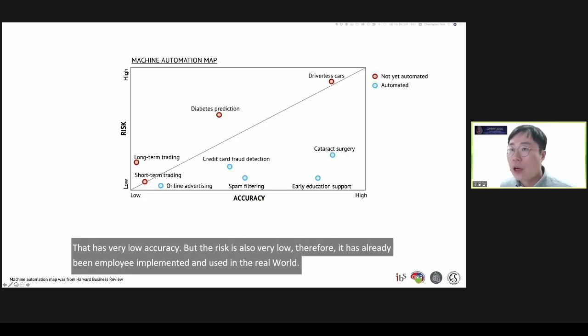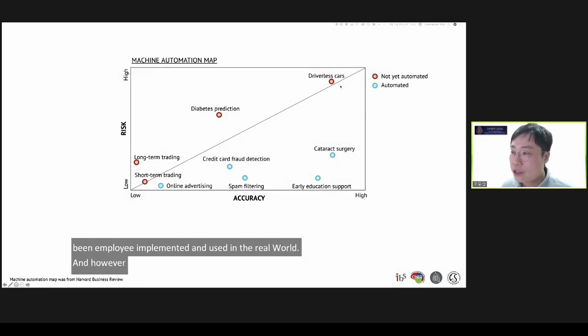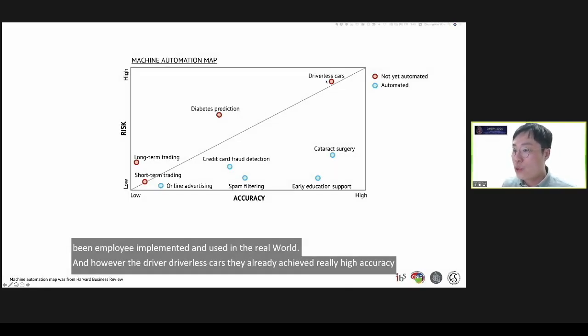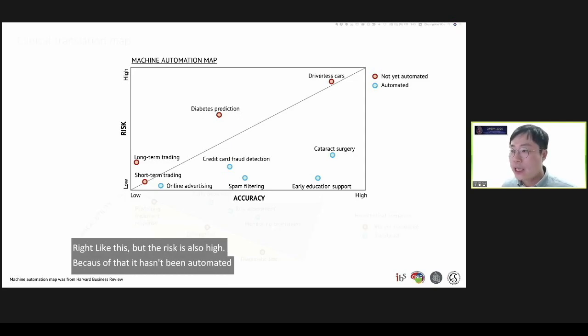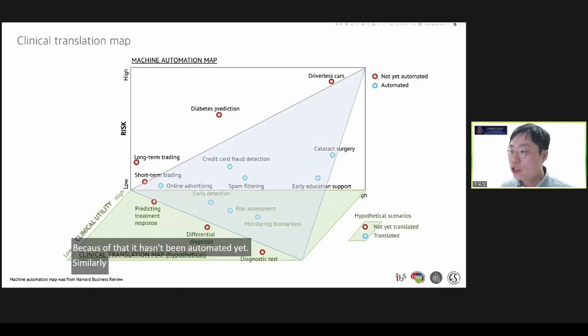However, driverless cars have already achieved really high accuracy, but the risk is also high. Because of that, they haven't been automated yet. Similarly, I think clinical utility should be an important factor for clinical translation, in addition to accuracy.